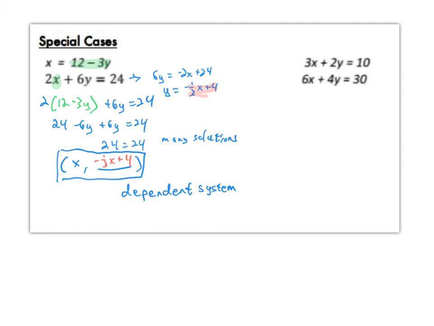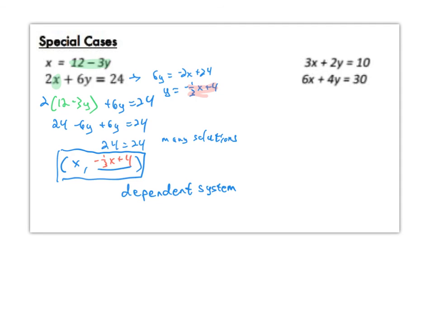Pick another x and you're going to get a different y. Pick a third different x, you're going to get a different y. So everything is dependent upon your choice of one variable, and then the other variable is locked in based on what we solved for in red. That's a way for you to handle many solutions to a system.